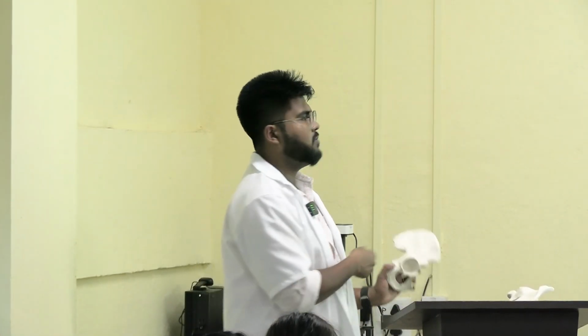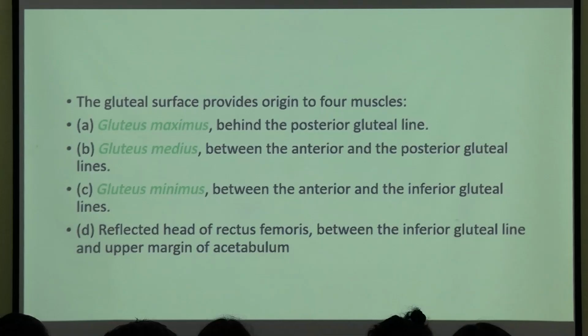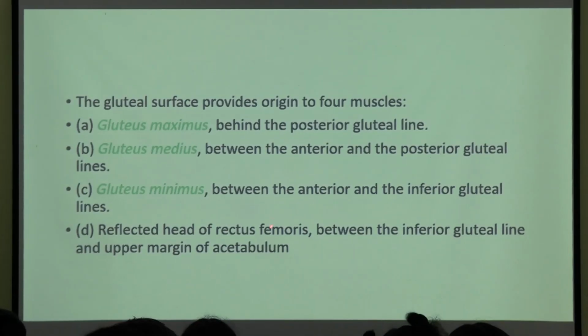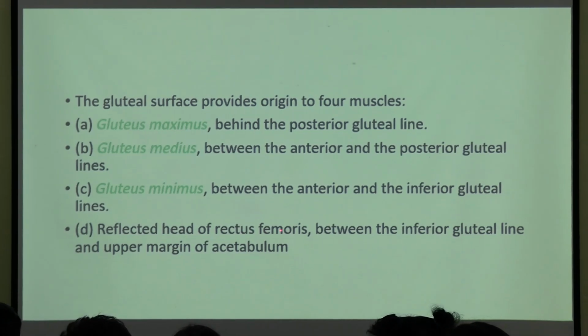So four muscles are attached by the presence of three gluteal lines. Oh, see here, the rectus abdominis muscle is attached. Okay, not rectus femoris. Here rectus abdominis.